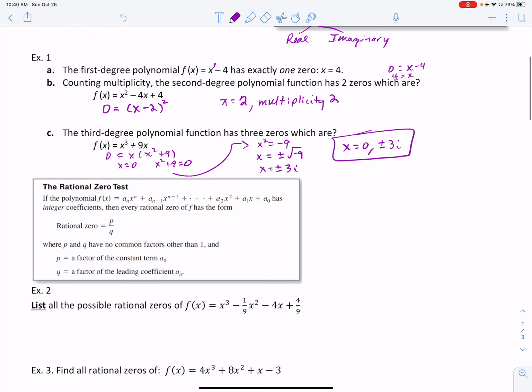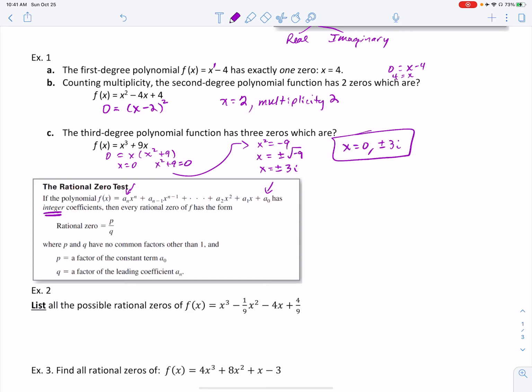Rational zero test. If this polynomial has integer coefficients, then every rational zero has this form of p over q, where p is a factor of the constant term. So this number right here is your p in factors of that number. And then q is a factor of the leading coefficient.